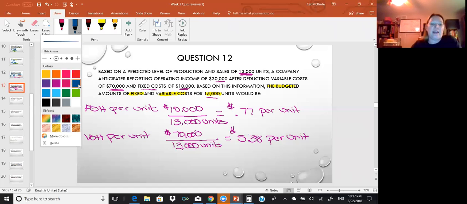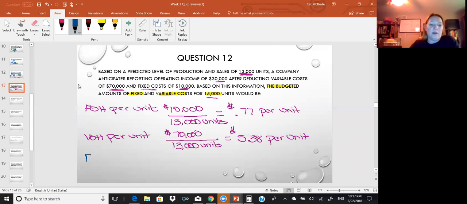So now I'm going to say, if I make 15,000 units, my fixed overhead would be 15,000 times what? Times 0.77? Yep, times 0.77. And that is 11,550.